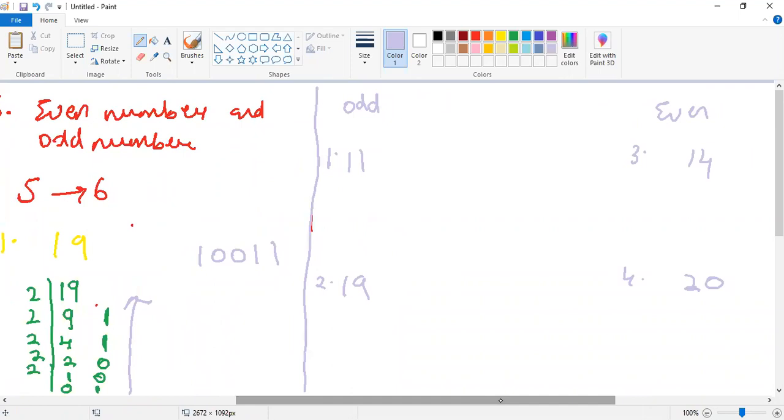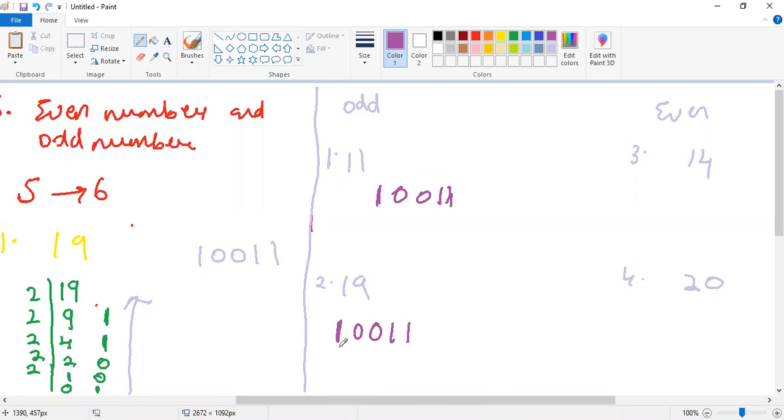If we write the binary of all these numbers, this is for 19.